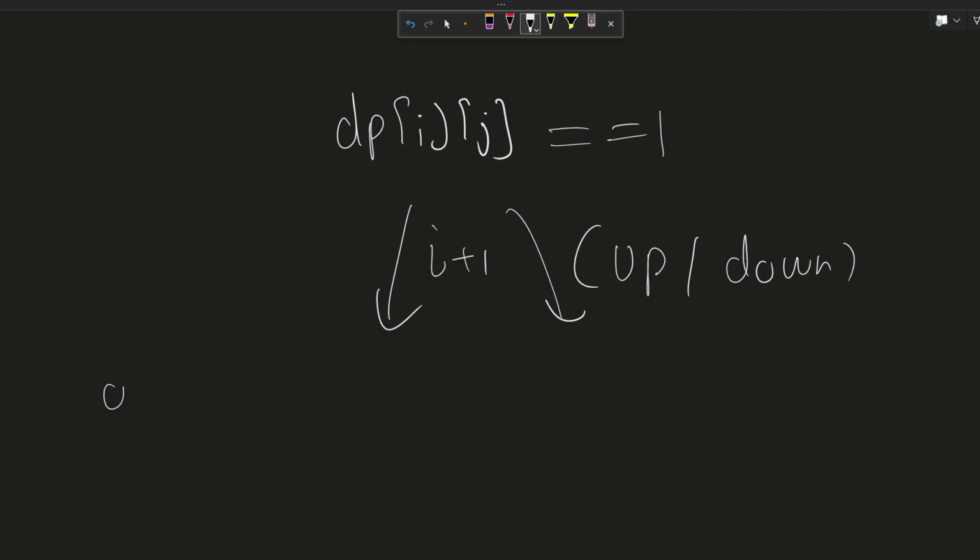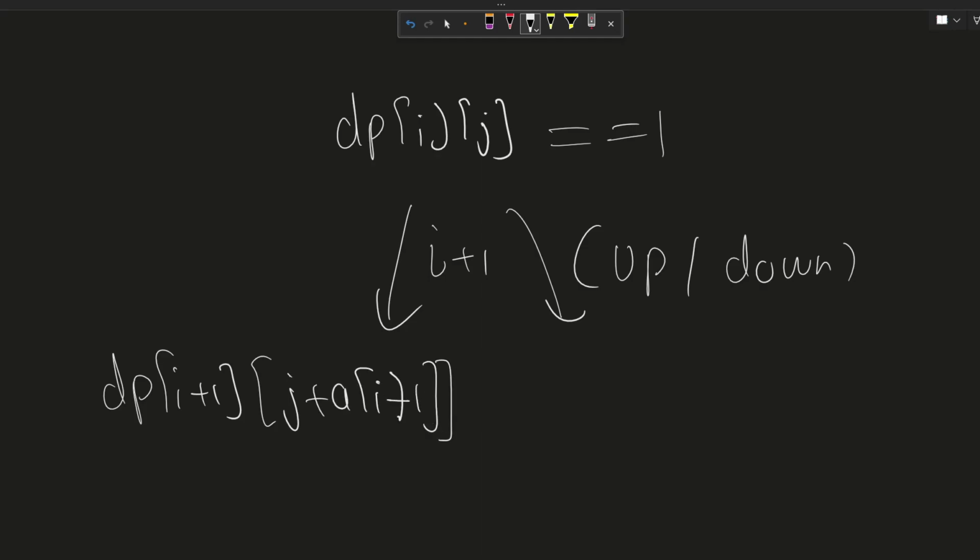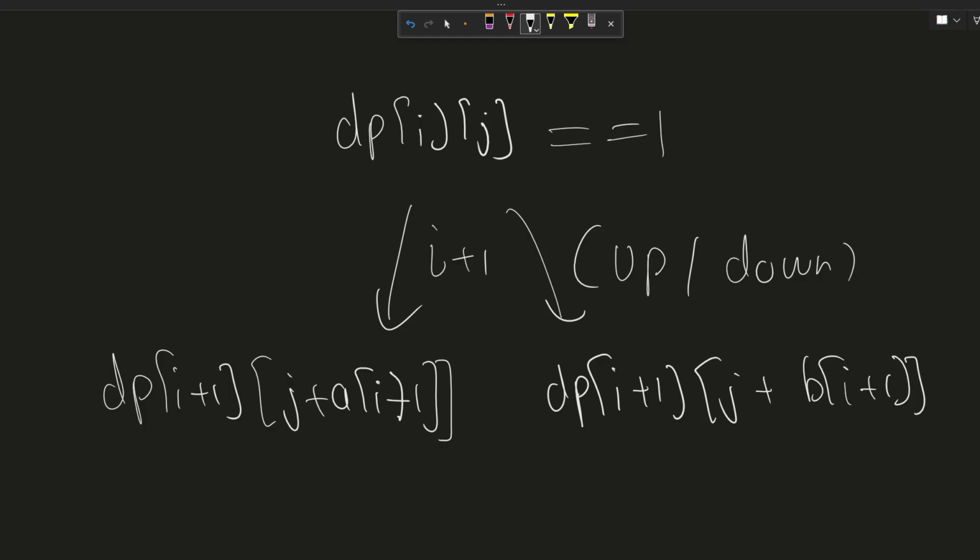So for the i plus 1 card, say it is facing upwards, so it will have a sum of j plus a of i plus 1, right? And say it's facing downwards, then it will have a sum of j plus b of i plus 1. Okay, so this basically means that we have calculated for the first i cards and the sum is j, right?